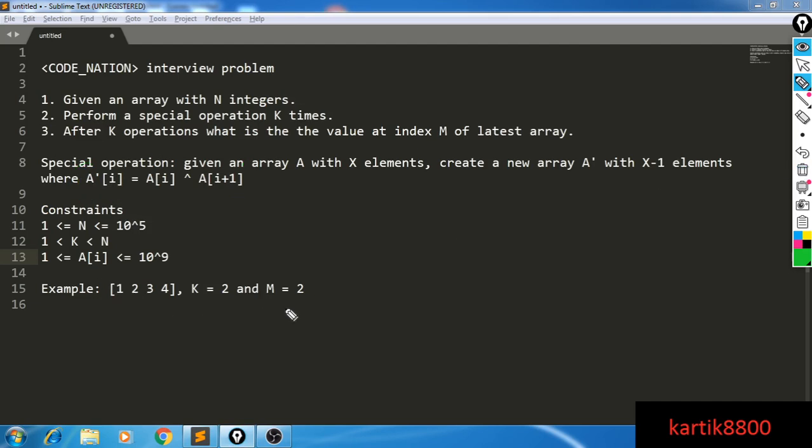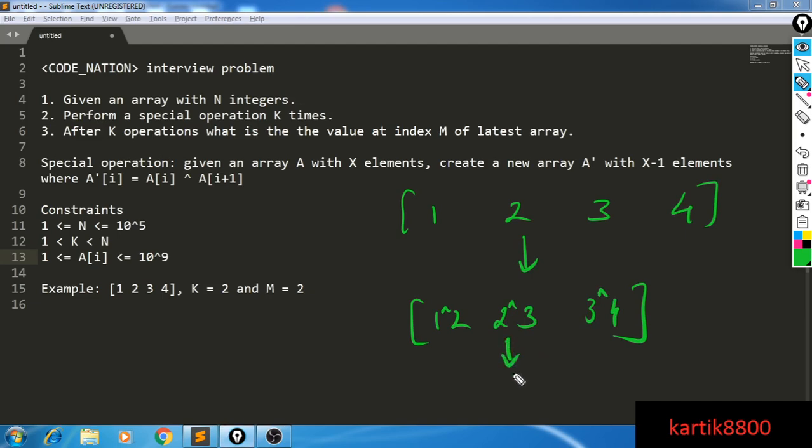Let's take this particular example and you will understand clearly what the problem is trying to ask. So you had this array, and you want to perform the operation two times. You perform the operation once, you will get an array with three elements: the first element will be 1 XOR 2, the second element would be 2 XOR 3, the third element would be 3 XOR 4. You have to perform this operation once again because k equals 2.